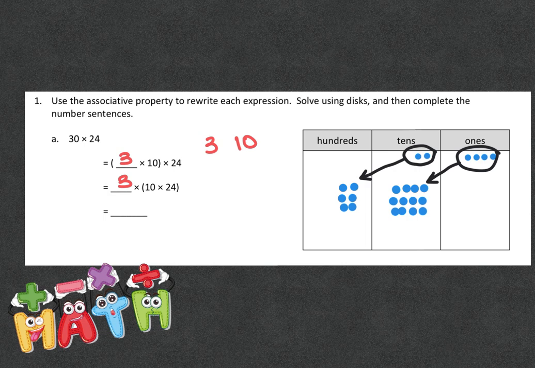I can then bundle 10 tens to make 1 more hundred. We can now see that we have 7 hundreds, 2 tens, and 0 ones, which we can then use to complete our number sentence. Therefore, 30 times 24 is equal to 720.